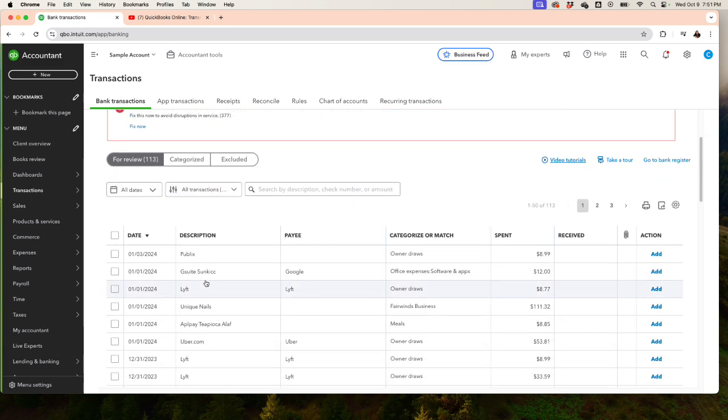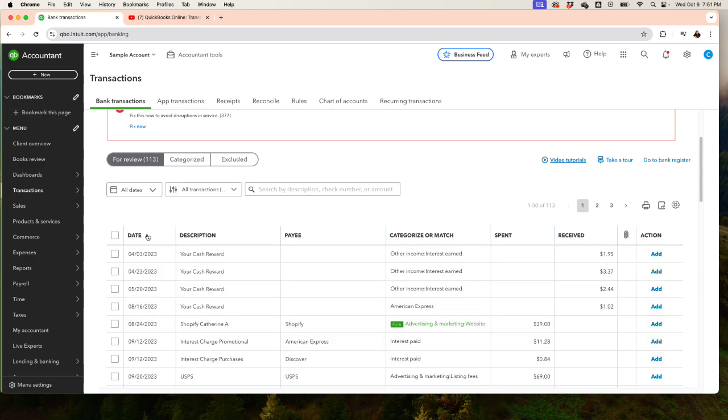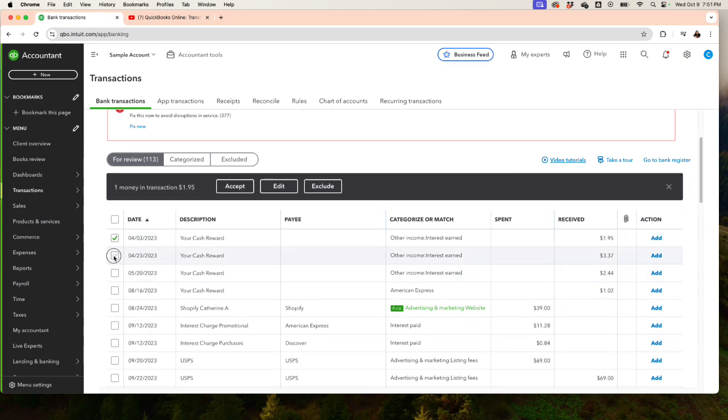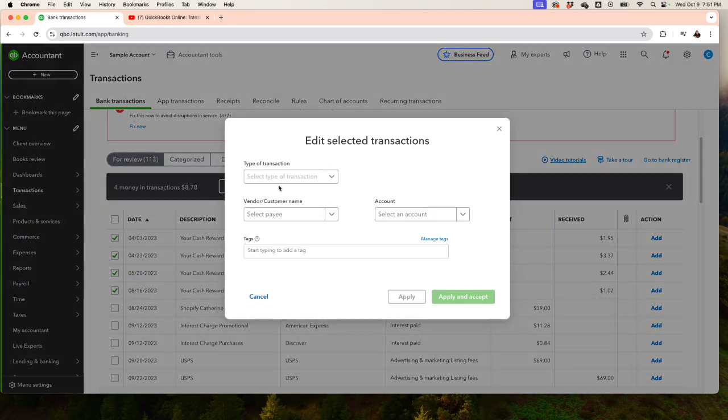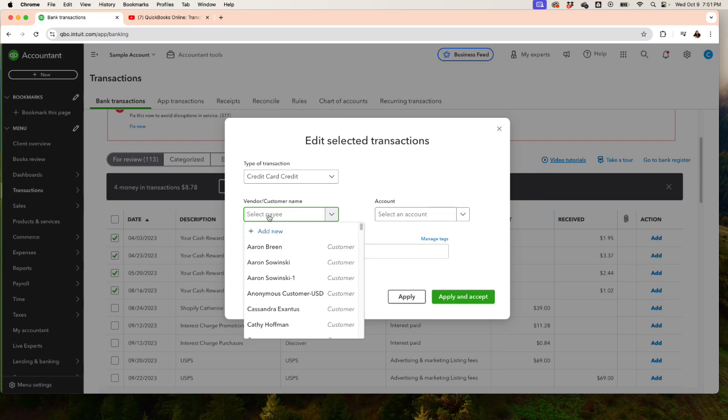This might have a few of those. Let's see if I have 2023. Yeah. Okay, so those transactions, for instance, were already reconciled. So I can actually choose all of them. I'm gonna edit them. I am going to say it's not a transfer, it's a credit card credit.